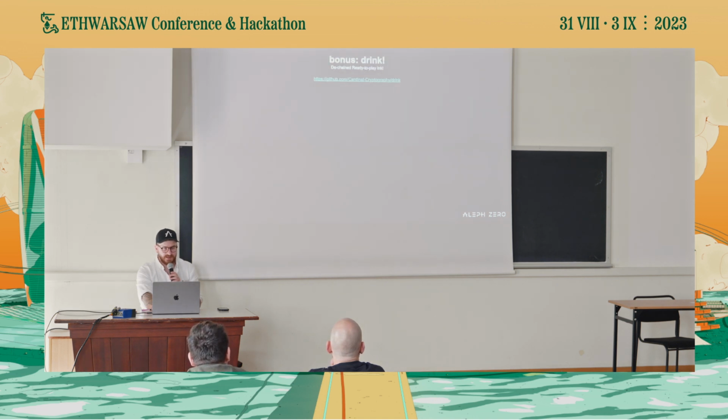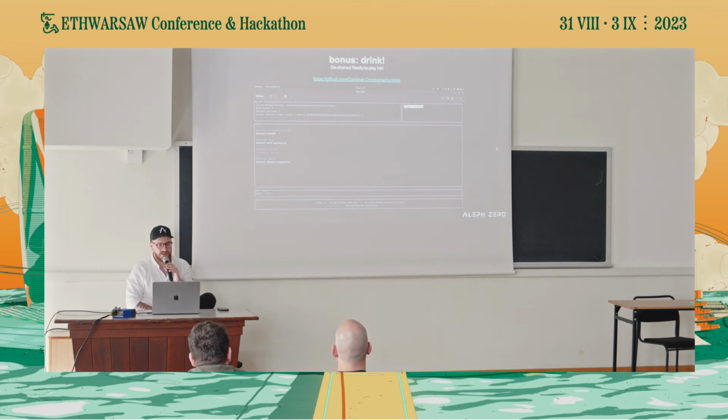And another thing, oh yeah, there's a video. A friend of ours from Cardinal Cryptography made something called Drink. I somehow cannot make it full screen, sorry, I'm not good at computers. It's basically two things, but the most important part of its functionality is it gives you a way of executing ink contracts without spinning up a chain.